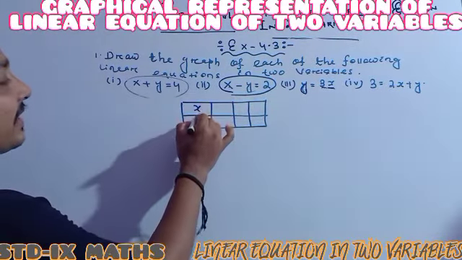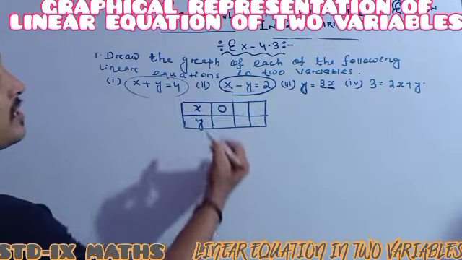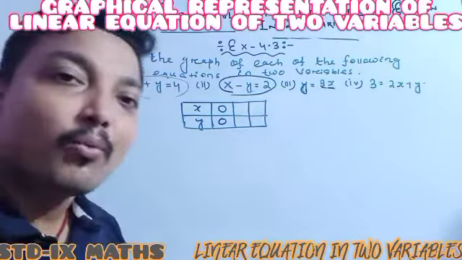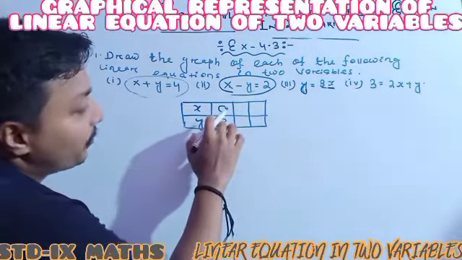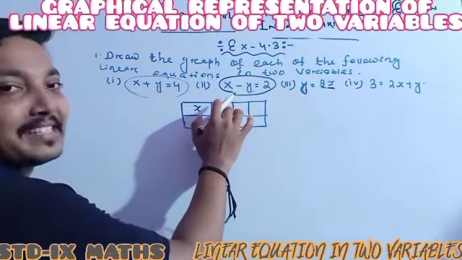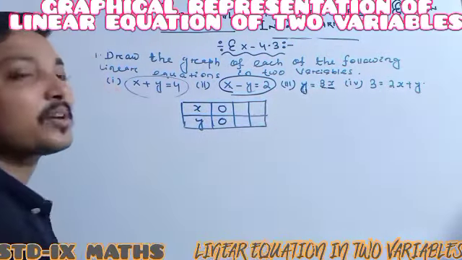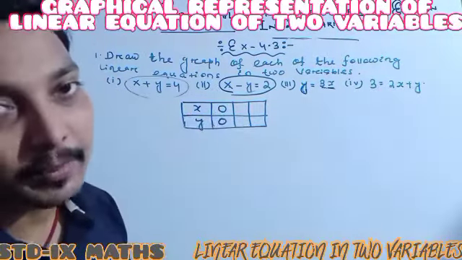Here it is x, here it is y. Y is already 3x. So whenever x is equal to 0, y is equal to 0. No need to put the second time y is equal to 0. If you put y is equal to 0, you will also get x is equal to 0. So by closing your eyes, whenever one is a multiple of the other, always you will see that on putting one as 0, the other one will be 0.